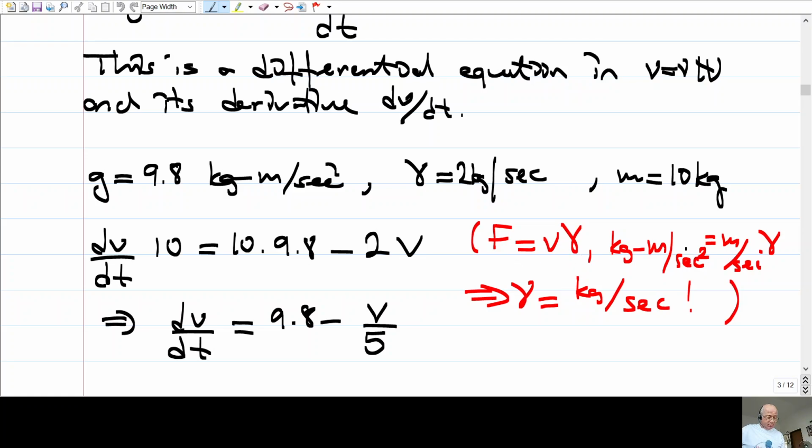F has unit kilogram meter per second squared. V is meters over seconds. So gamma from this is just kilogram over seconds. Last time I didn't write this properly, so I got confused.